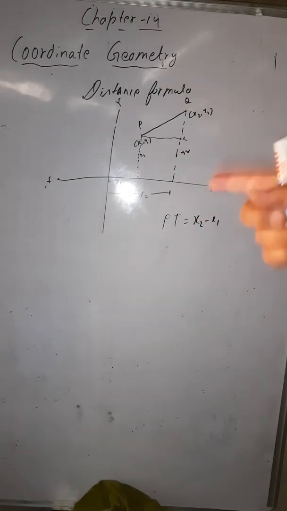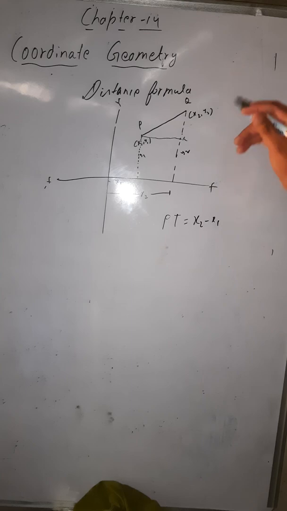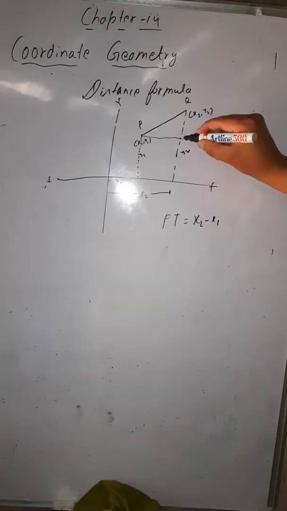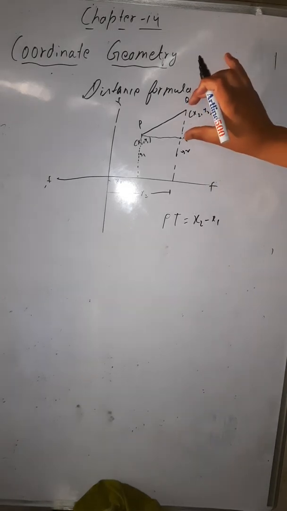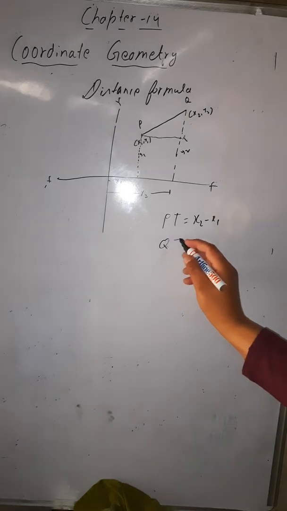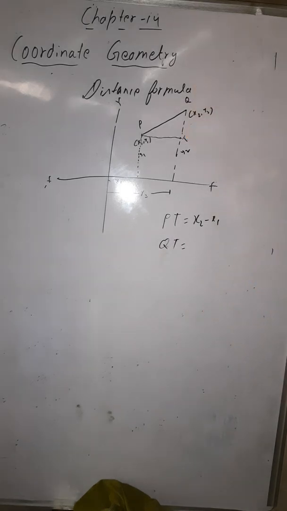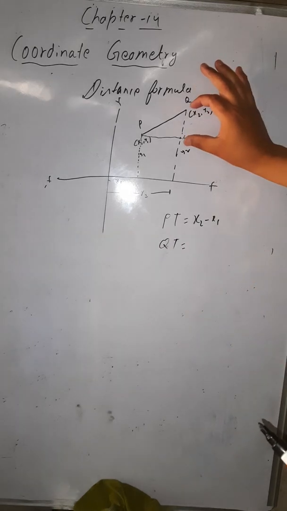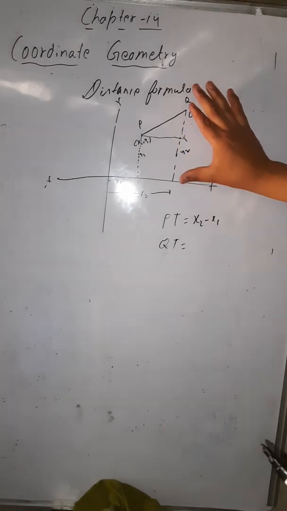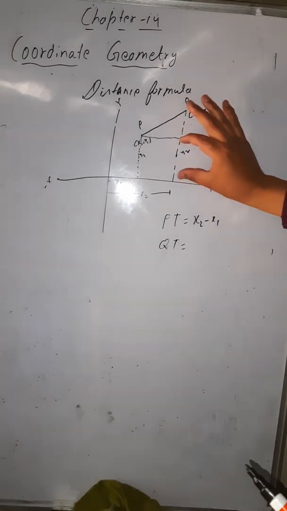Getting or not? Now, this is the point T. Can you tell me the QT distance? What will be QT? Look here, QT means this complete distance minus this distance.